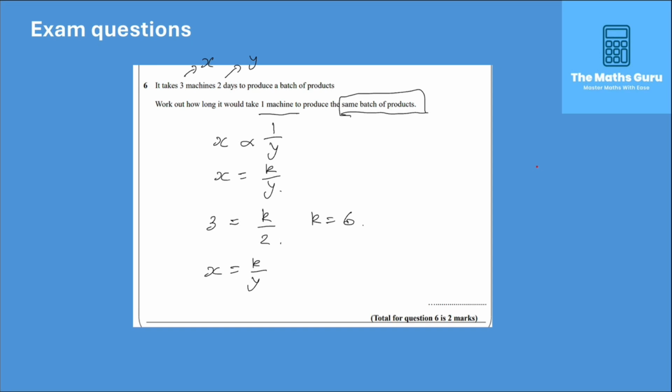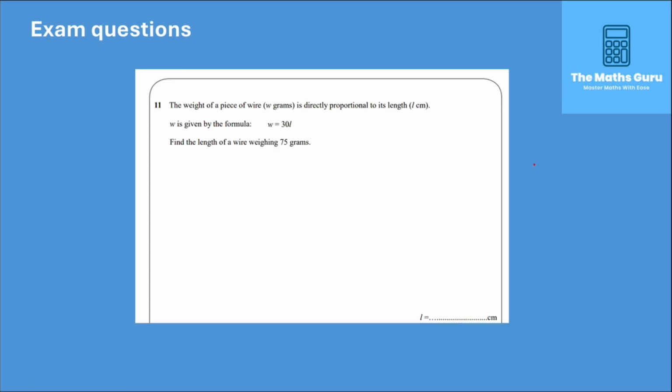Filling in what we know, we have the new x to be 1 is equal to 6 over y. When we times through by y, we work out that y is equal to 6. Hence, it would take 6 days for our one machine to produce the same amount of products.